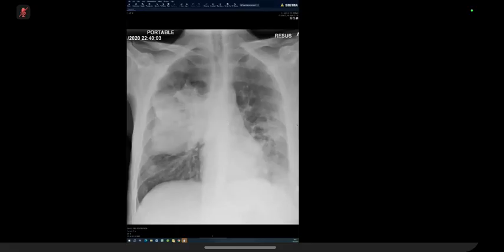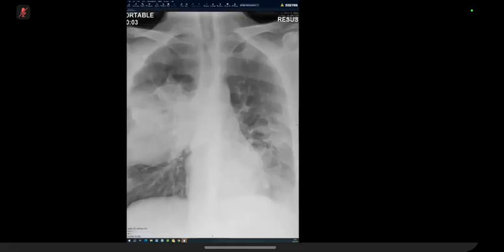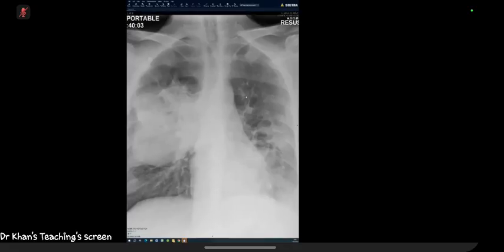pulmonary edema. I feel like there are two opacities approaching each other, because I can see maybe a bit of difference in density at the peripheral aspect of the lesion.